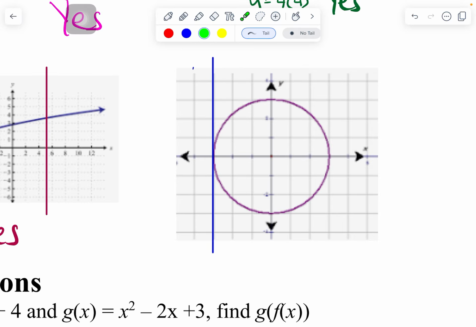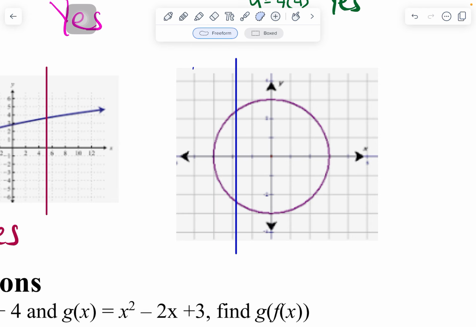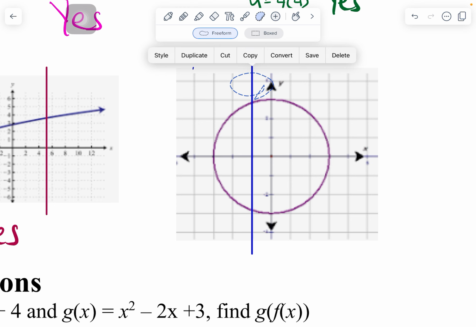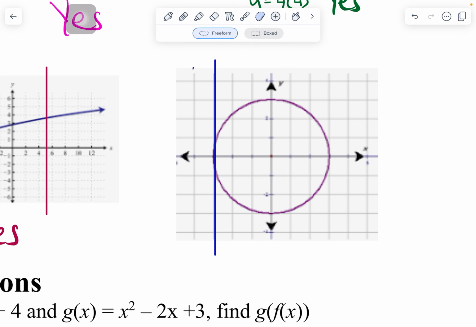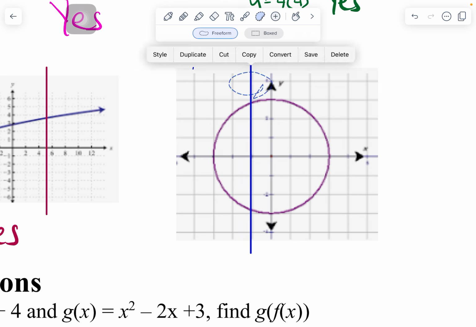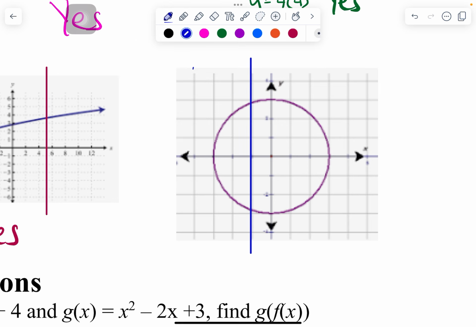So I'm trying to grab the highlighter. There we go. That single point of intersection. And so, yeah, okay, of course, that's a function. Here's the problem. It has to be any place that you draw your vertical line, right? Not just a particular place where, oh, right here works, but right here it doesn't. And as soon as it doesn't work, you no longer have any kind of a function. So a circle like this, not a function.